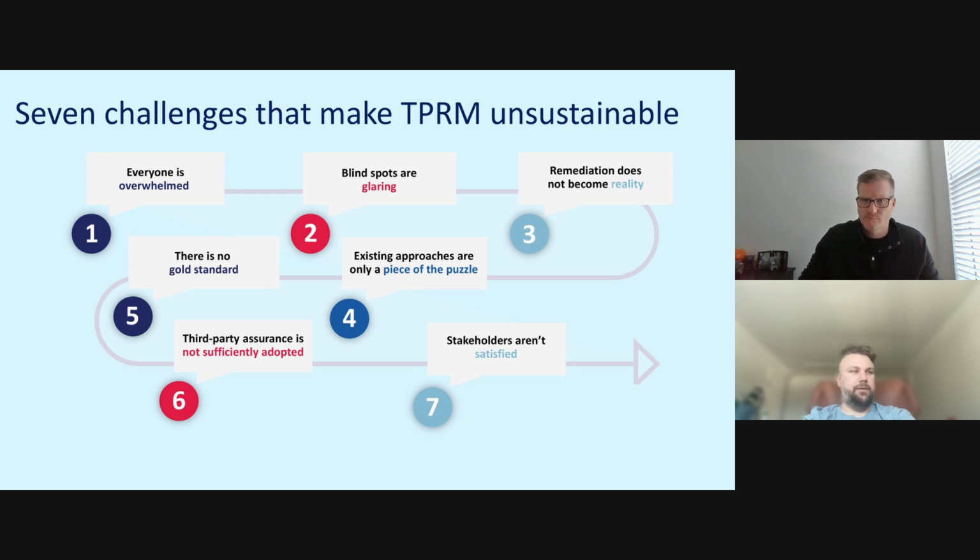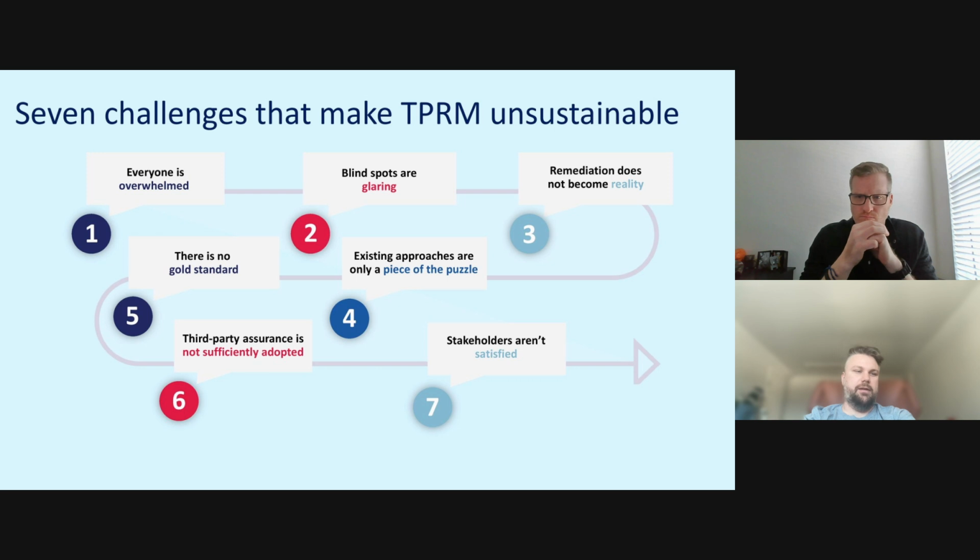So for the security folks, before you go out and build a program, spend time up front to really think through the things that matter to you and how you would measure those things, like what would happen to make you notice.